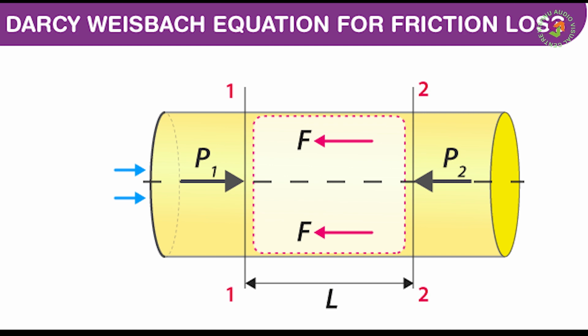So now let us start deriving the Darcy-Weisbach equation, which is the equation for head loss, the equation for major energy loss, the equation for the loss due to friction in case of pipe flow. Let us straight away go into that.